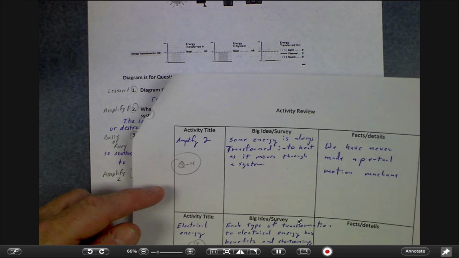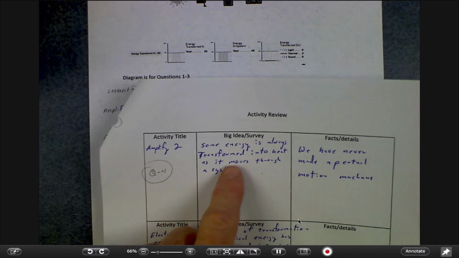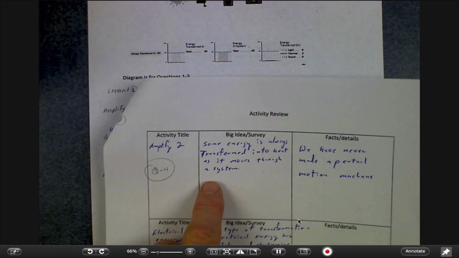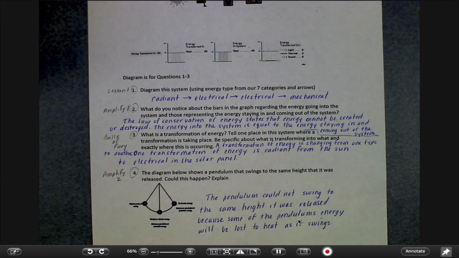Sorry, it took me a minute to find it. And it said some energy is always transformed into heat. And that's key and why we've never been able to make a perpetual motion machine. And that's the answer to this. The pendulum could not swing to the same height that was released because some of the pendulum's energy will be lost to heat as it swings.